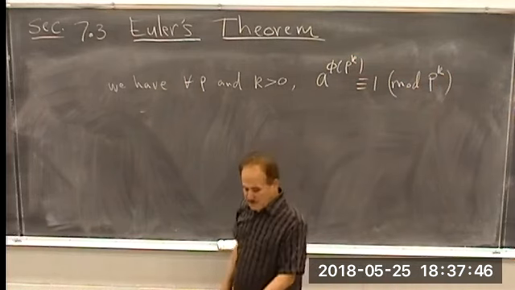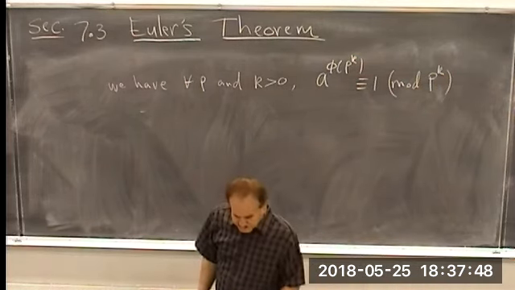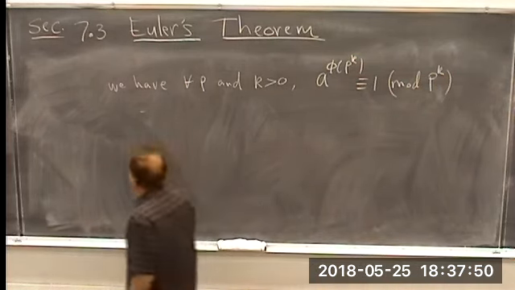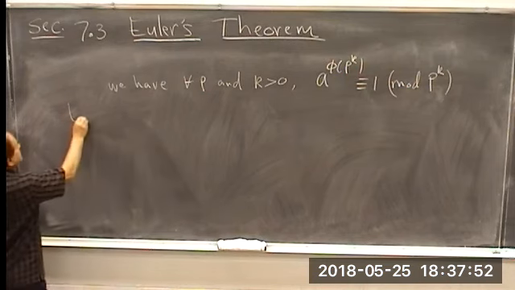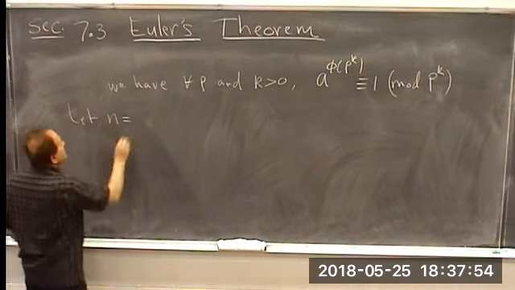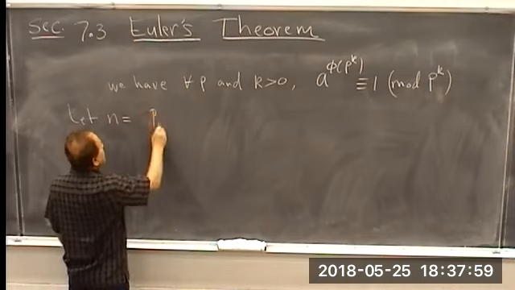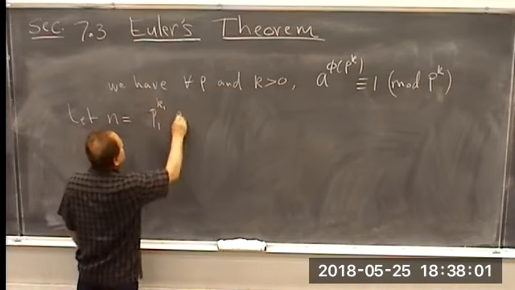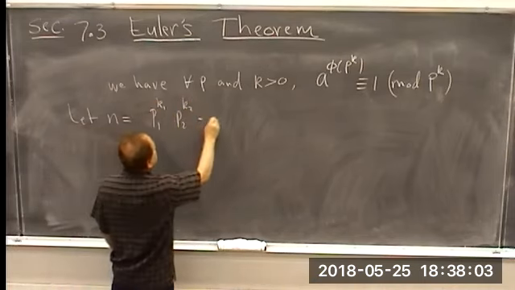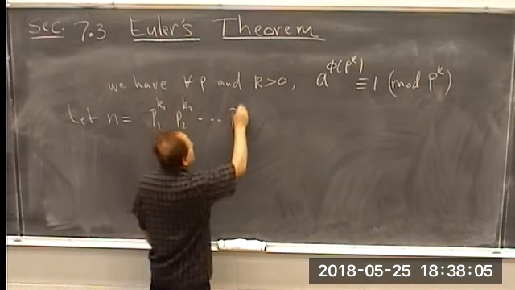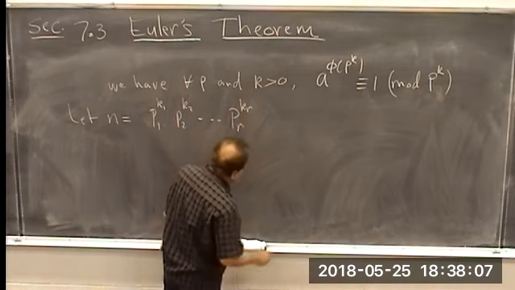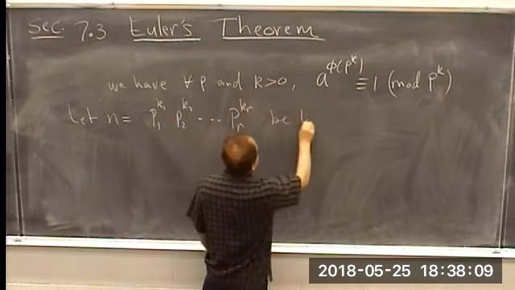Now let's take an arbitrary integer n, and let's assume this is, of course, p1 to the k1, p2 to the k2, up to pr to the kr. So this is the prime factorization of n.